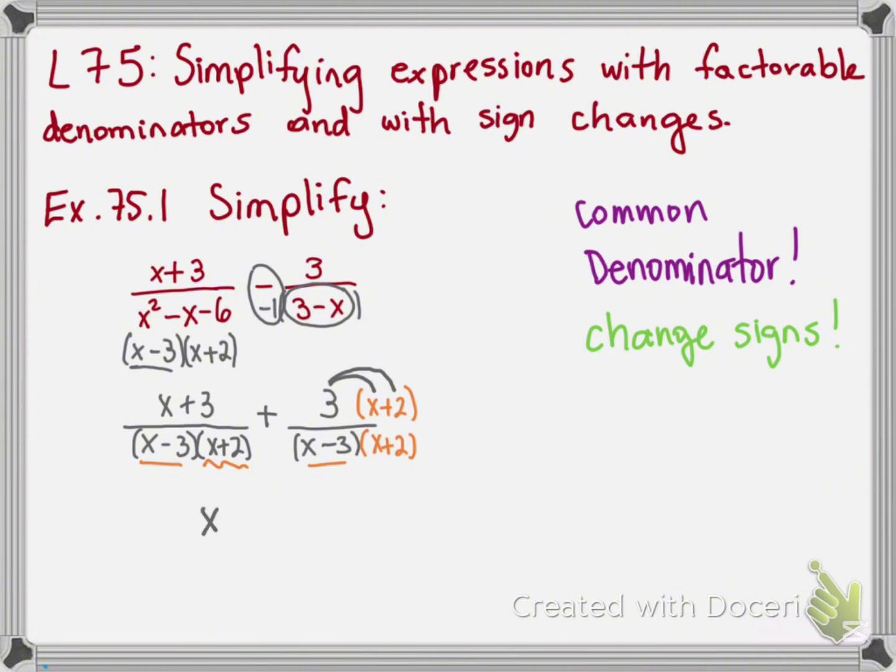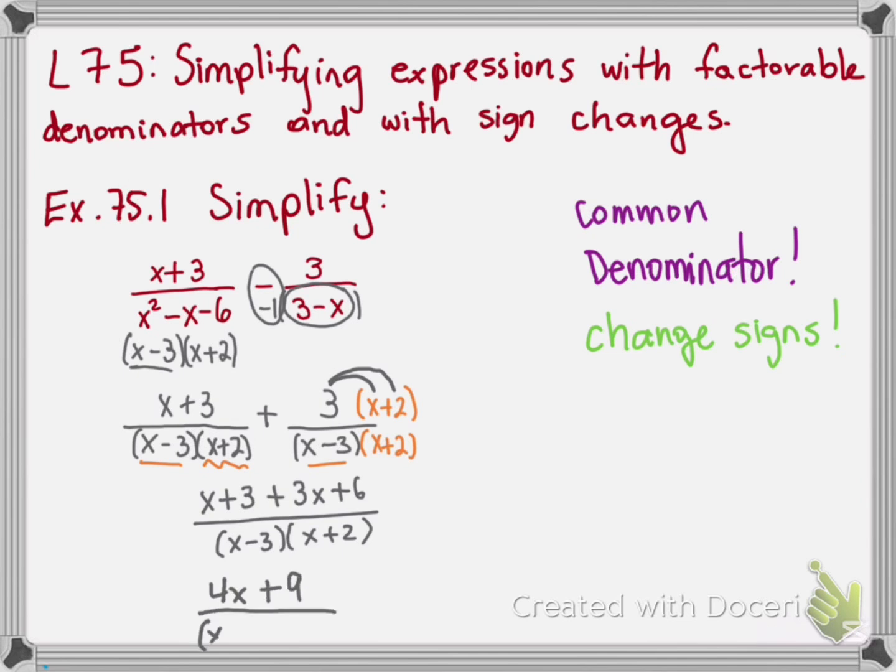So we're going to end up with x plus 3, no change, and then 3x, and then 3 times 2 is 6. And all of that over that denominator that we have. Finally, if we combine like terms, x plus 3x is 4x, and 3 plus 6 is 9 over the common denominator. And that is our answer.